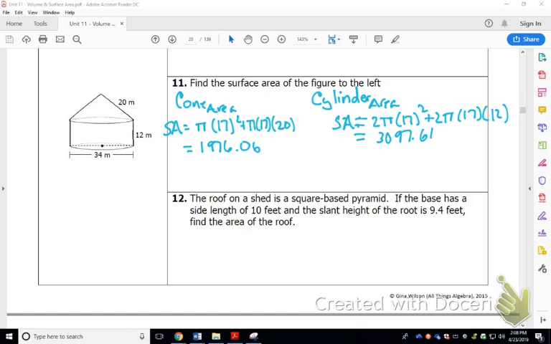Okay, so the way we attack a composite shape in 3-dimensional is in this case, we found the area of the cone to be 1,976.06, and then we found the surface area of our cylinder to give us 3,097.61.